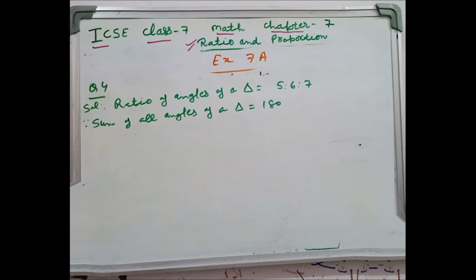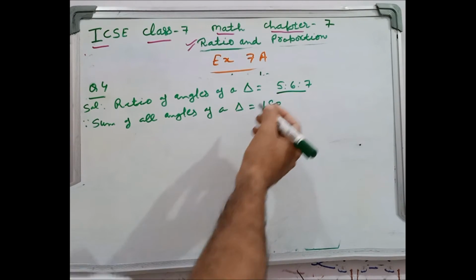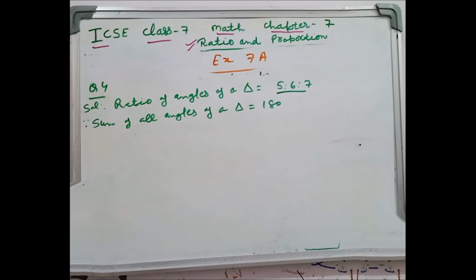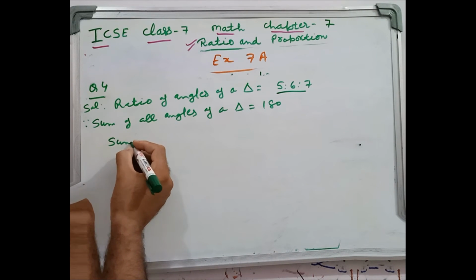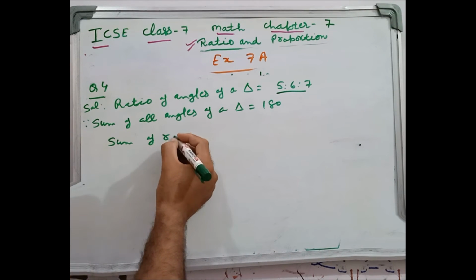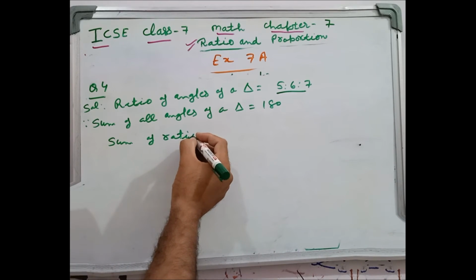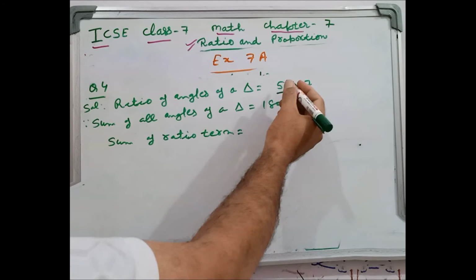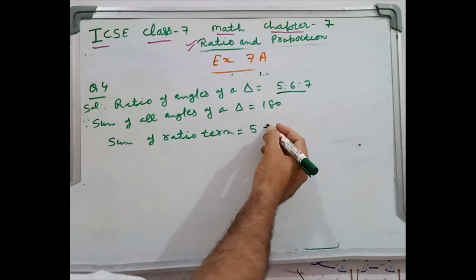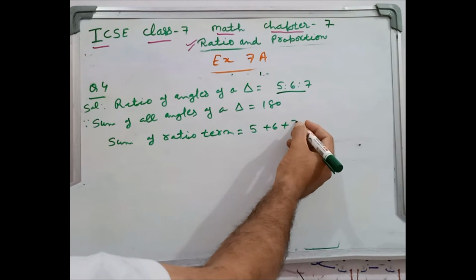What would be the simplest way to do this? We will take out the sum of ratio terms. What are the ratio terms? 5 plus 6 plus 7.